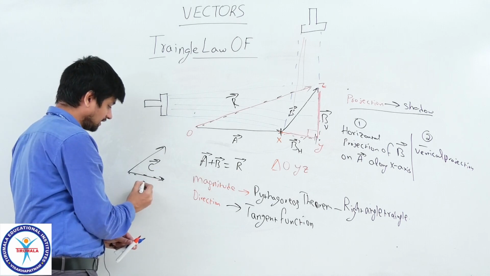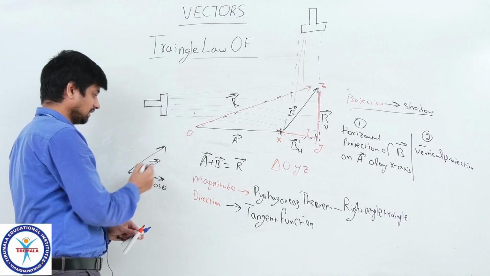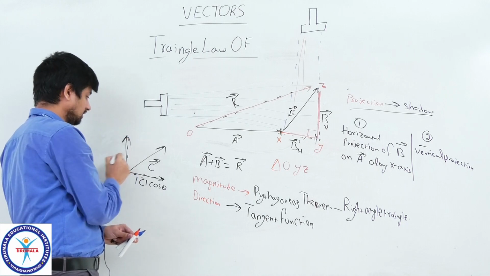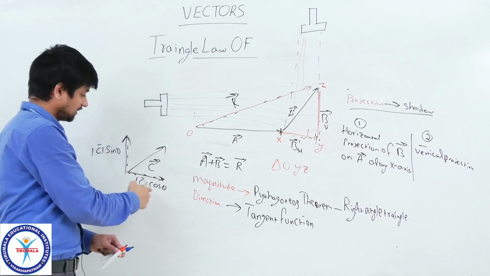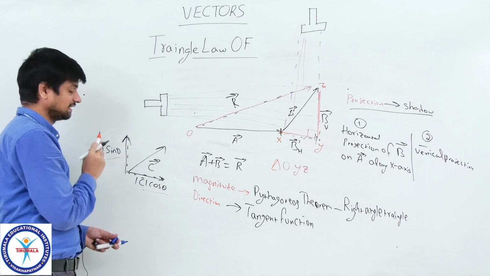So this is called C bar cos theta. Okay. Now make this one perpendicular, means this one. So this is C bar sin theta. Cos theta, sin theta. See this, cos theta, sin theta.